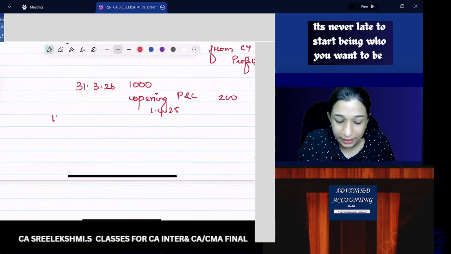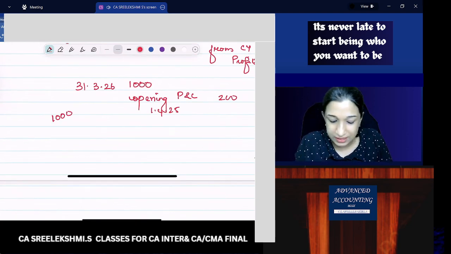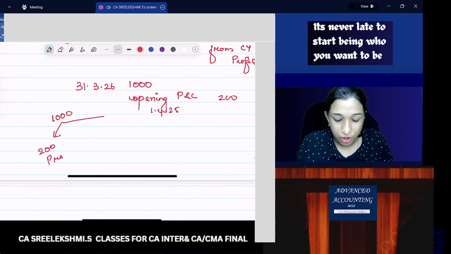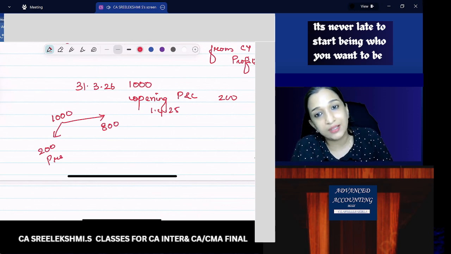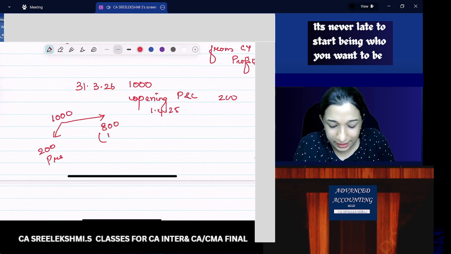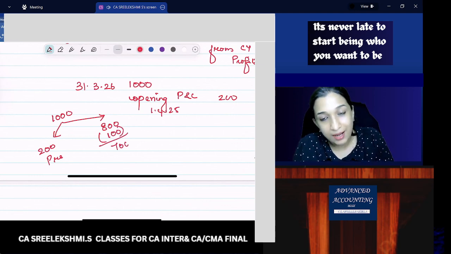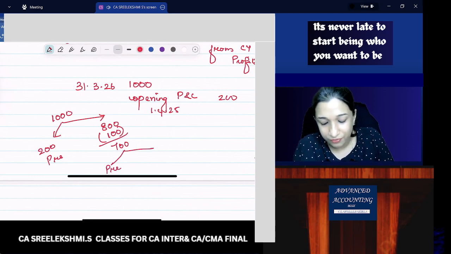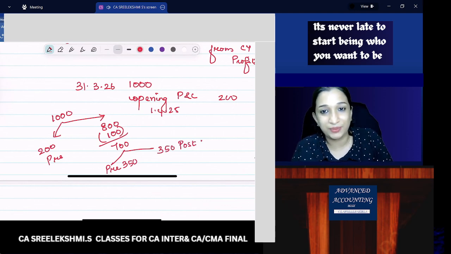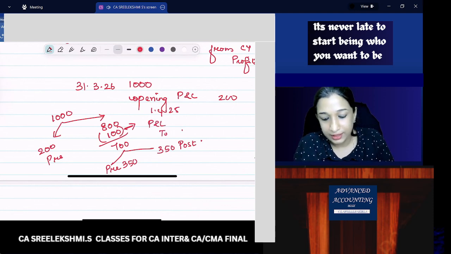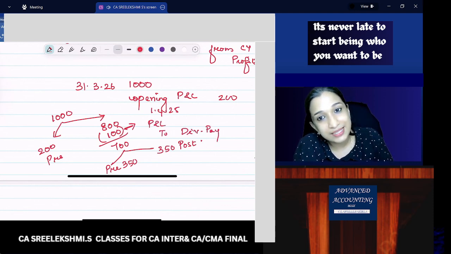The first 200 is pre-acquisition in nature. During that year, total profits earned are 800. There is a dividend declared which is not accounted, so I'll deduct 100. 700 is the balance of 12 months profits. I will divide this as pre and post: the first 6 months 350 and the balance 350 is post. So I deducted that 100 and am passing the entry P&L to dividend payable. Did you understand?